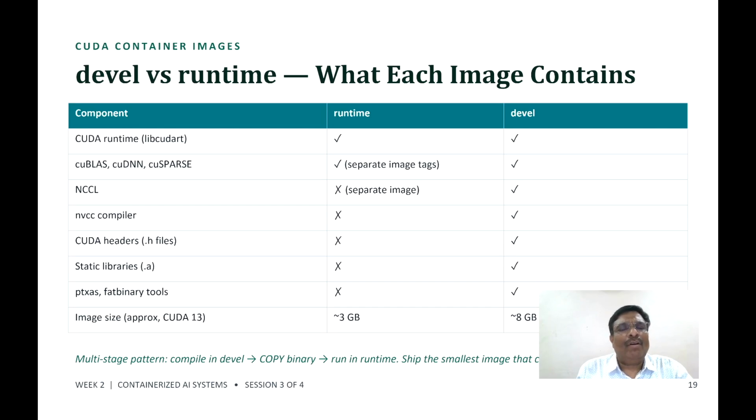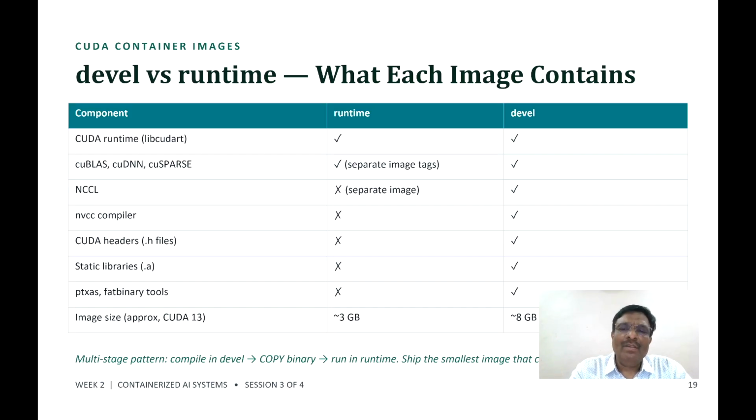If you are talking of a runtime container, it will only have two things: the CUDA runtime, that is libcudart, and then CUBLAS, CUDNN, and CUSPARSE. These are the various libraries. From the developmental aspect, a development container will have all of this.